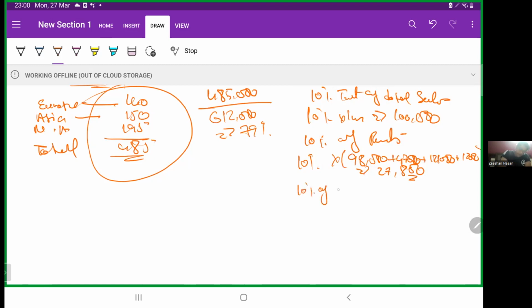10% of loss making segments: 10% multiplied by 26,000, which was one loss, and the other was reporting a 15,000 loss, so it's 4,100. So therefore, all segments which make a profit or loss of greater than 27,800 are reportable.